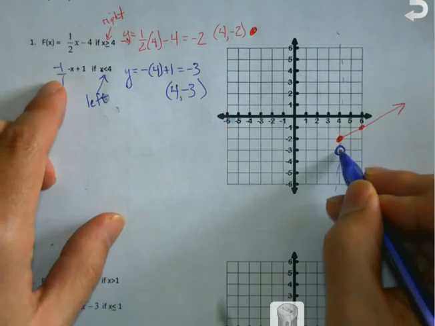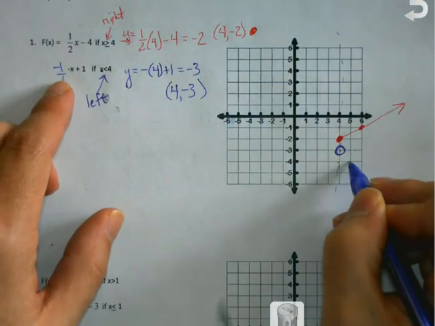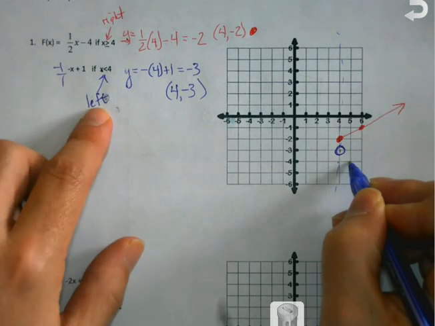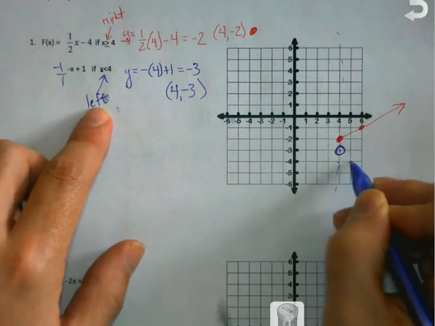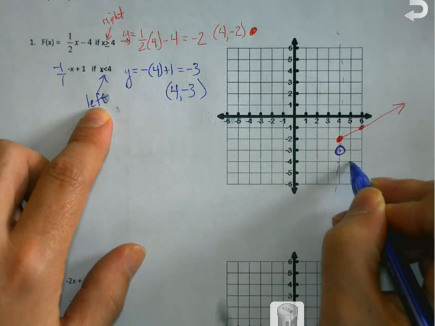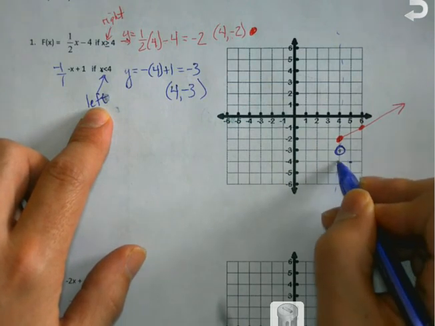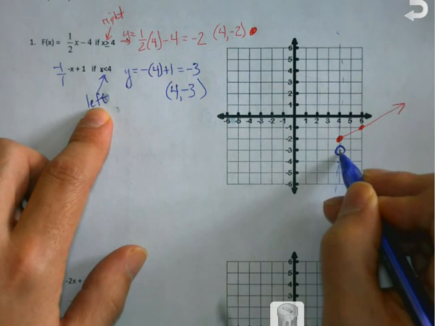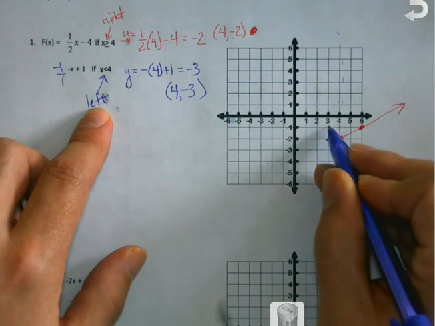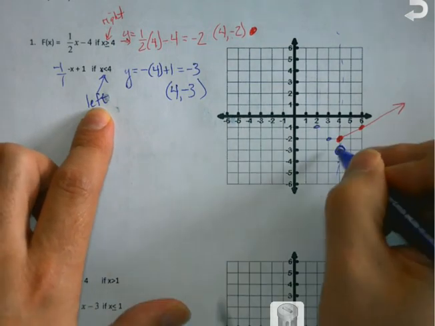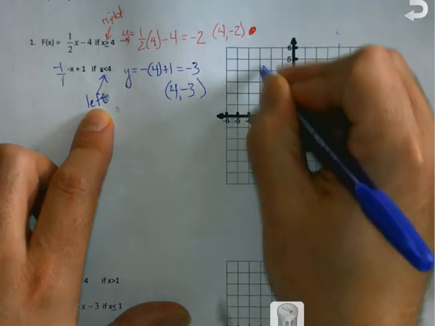So I'm like, okay, so down 1, right, wait. I don't want right, I want left. So if I can't go down and right, we're close. Up and left. Because the opposite of down is up, opposite of right is left. So I'm going to go up, make a couple of points, connect the dots.